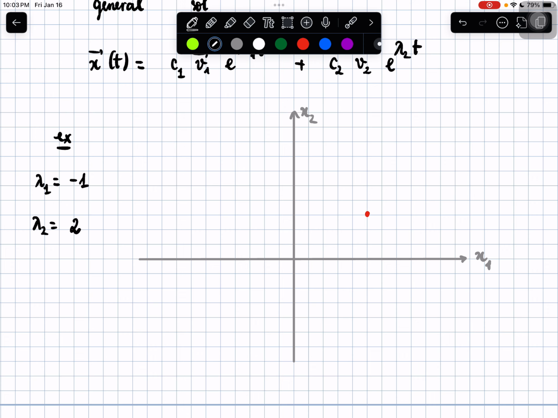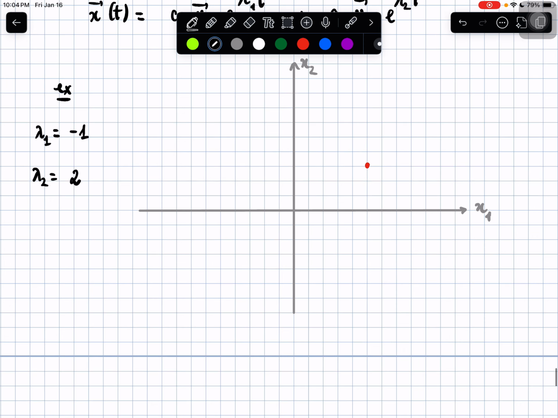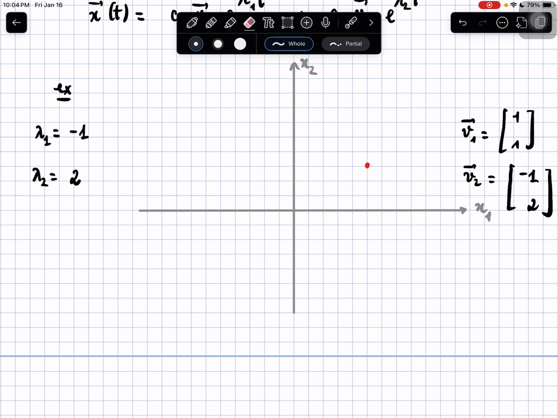Corresponding to lambda 1, v1 is, say, the vector (1, 1), and v2 is the vector (minus 1, 2), for example. So v1 is (1, 1), and v1 gives us this vector.